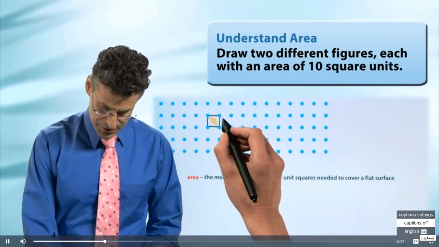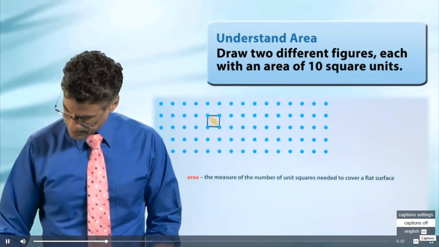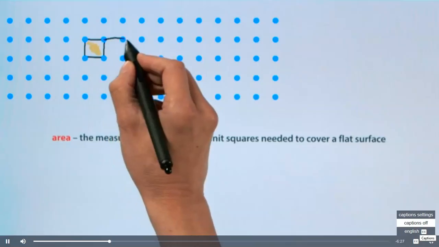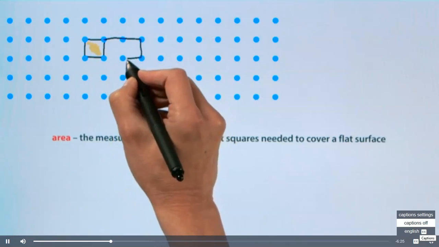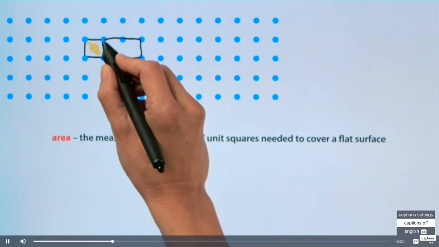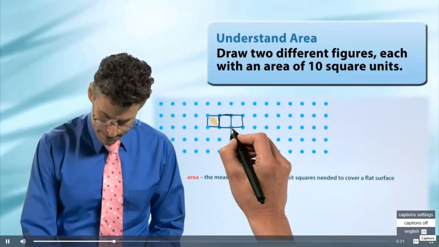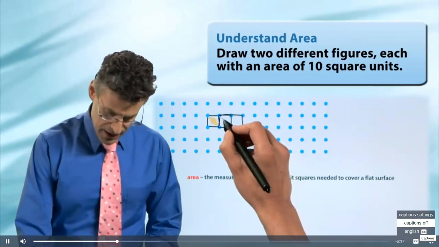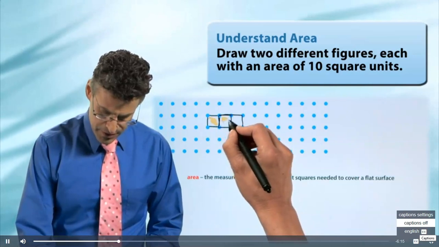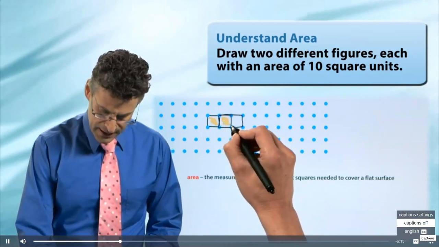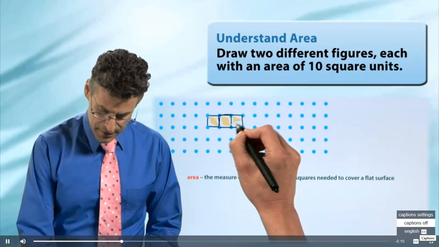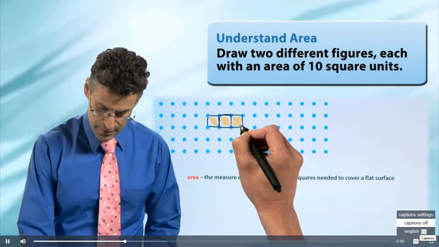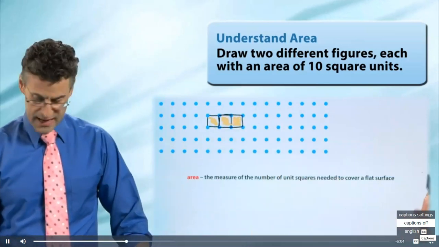So for example, what if I were to actually extend this picture? If I were to extend the picture and make it look like this, well, now notice that I've got that first unit square, and I've actually got a second unit square, and now a third one.